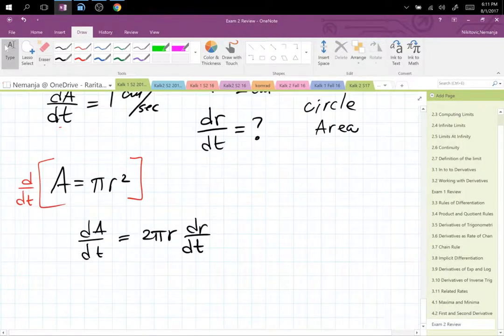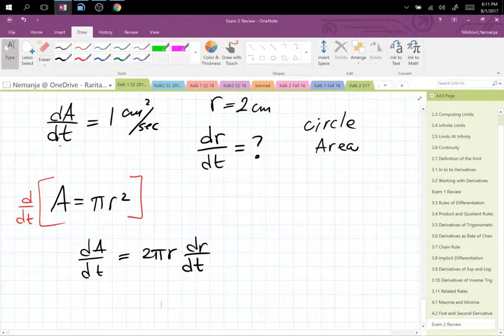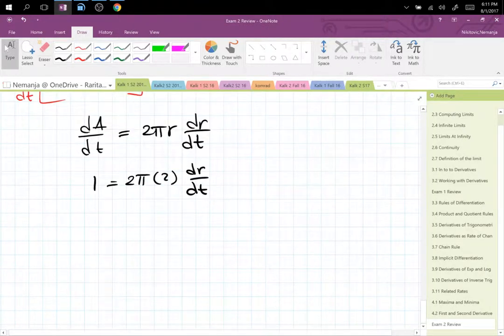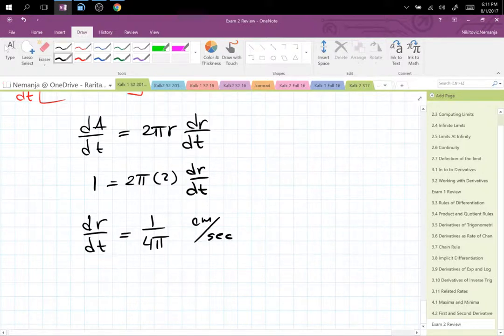The derivative of r squared is 2r, like x squared is 2x. Cool. So now we just plug everything in, right? We have 1 is equal to 2 pi, r is 2, and dr/dt is what they're looking for. Awesome. So dr/dt is 1 over 4 pi centimeters per second.